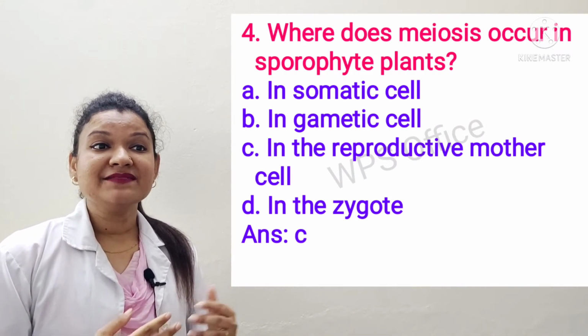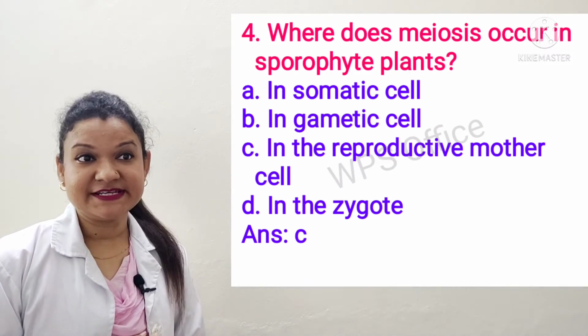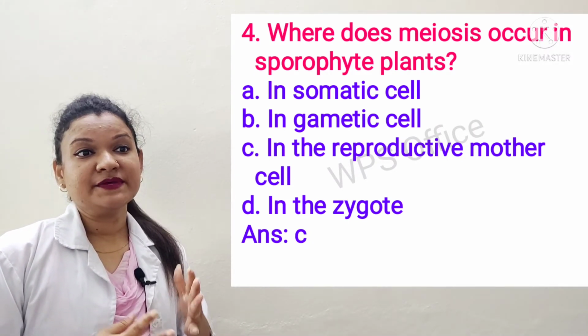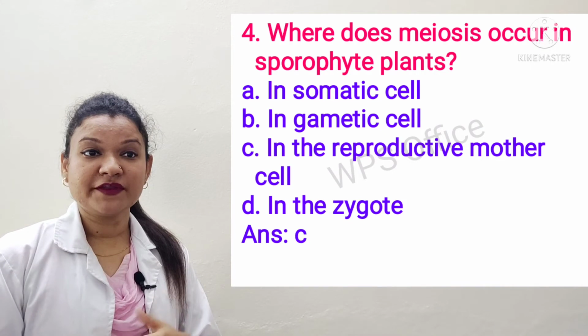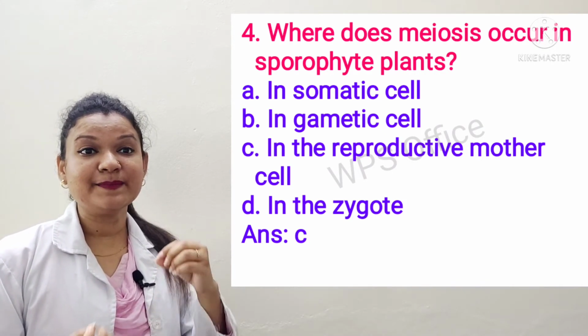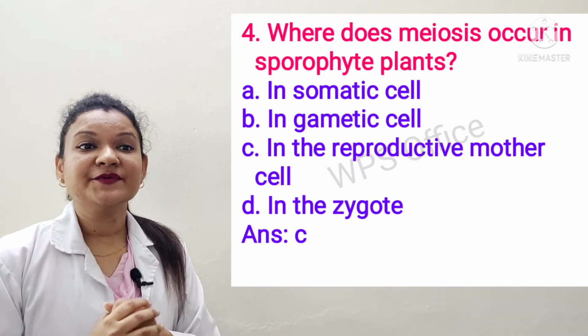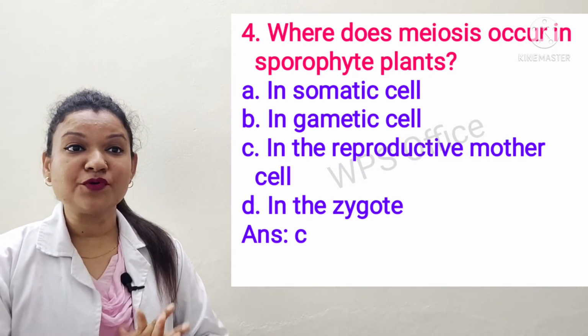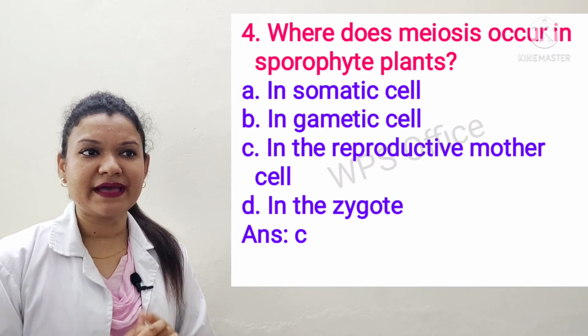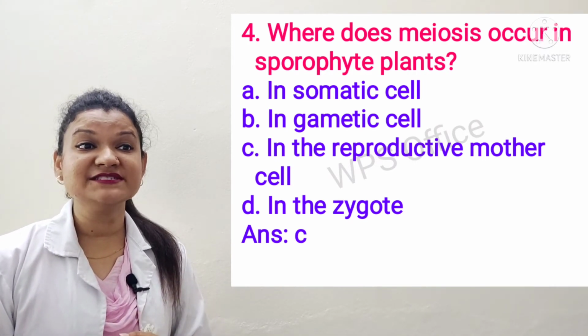Number C, in the reproductive mother cell. We know that in the animal cell it is called the reproductive mother cell, and in the plant cell it is actually called the spore mother cell. We know that in the reproductive mother cell or the spore mother cell meiosis occurs. And our fourth option is the zygote.